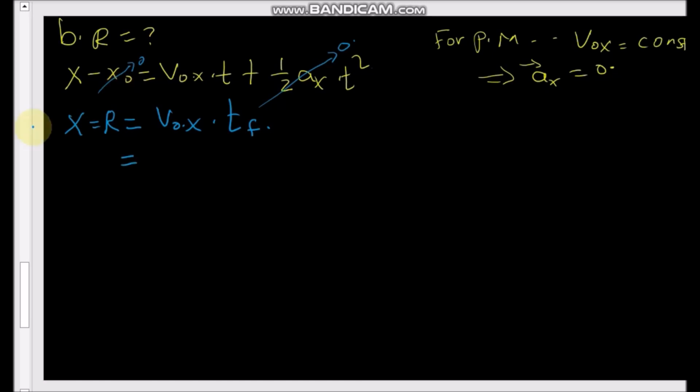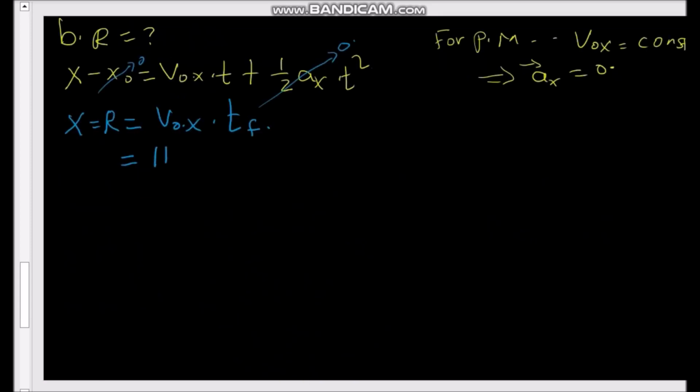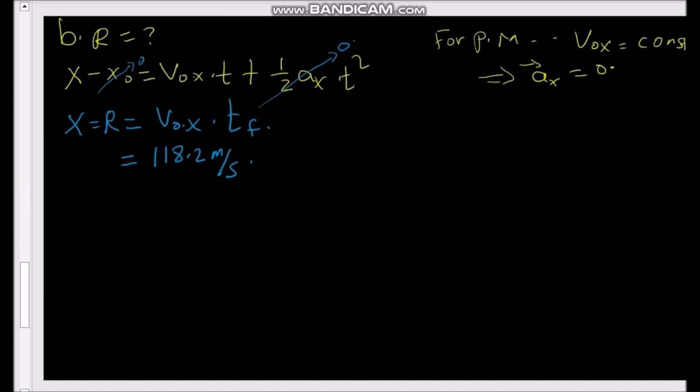V naught across the x we already calculated as 118.2 meters per second, times the total time of flight we already calculated, 19.6 seconds.